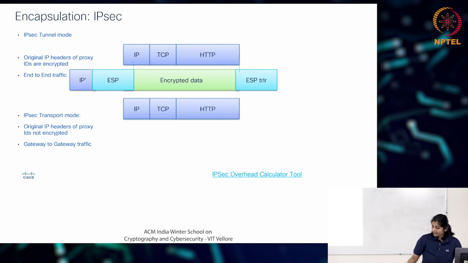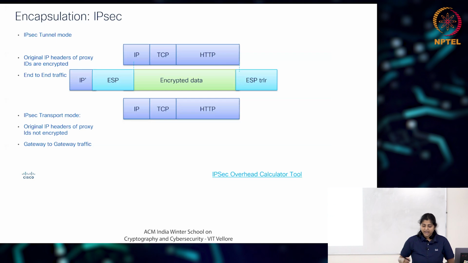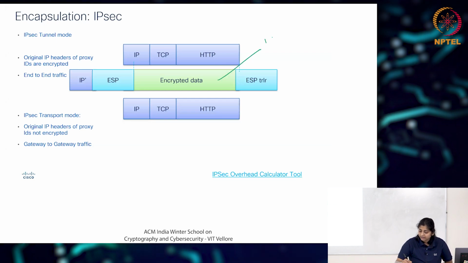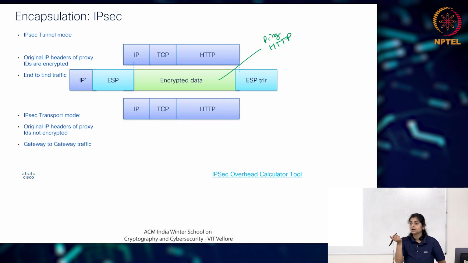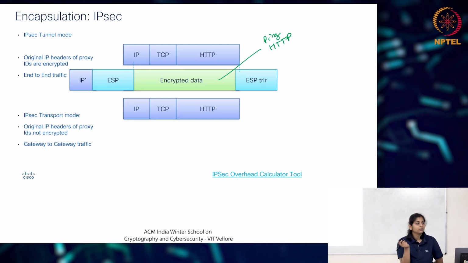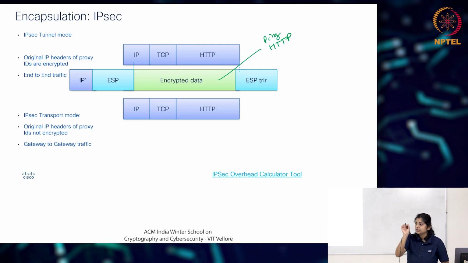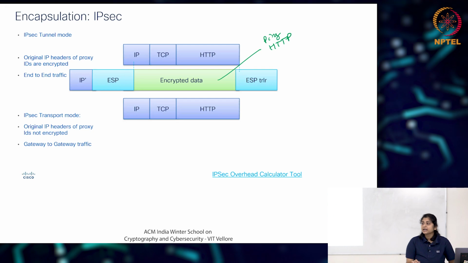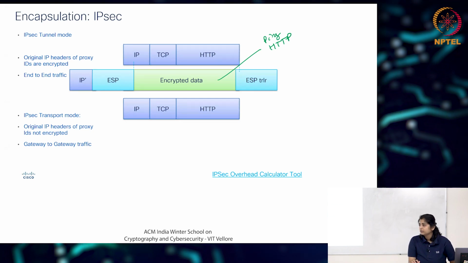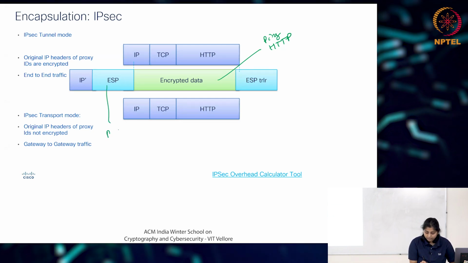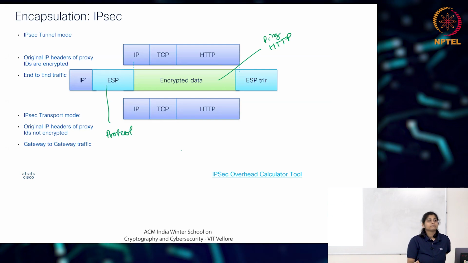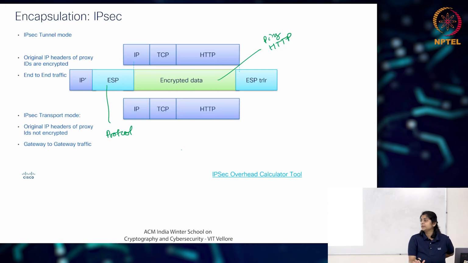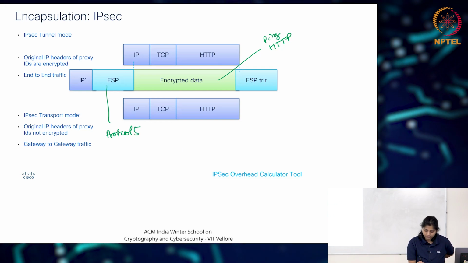Okay, we had the encrypted data. This is our ping, HTTP, any packet between that 10.10.10.1 and 20.20.20.1 PC. Okay, the actual traffic that is going. An IP header of ESP gets added. Okay, this will be the protocol number. What's the protocol number for ESP? 50. Good.